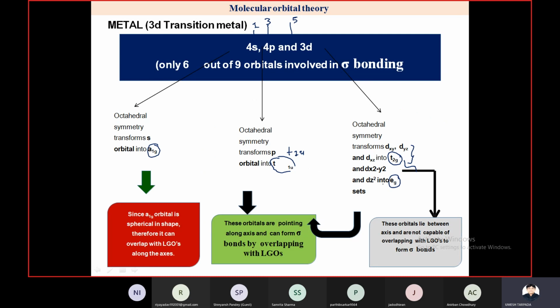The rest, the EG set, can form sigma bonds. The T2G orbitals lie in between the axes and therefore cannot form sigma bonds. So out of these 9 orbitals, these 3, dxy, dyz and dxz, cannot form a sigma bond. The rest of the orbitals form sigma bonds.